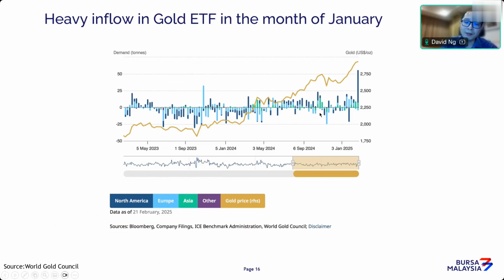But one thing to take note of is that this is quite imbalanced, in the sense that the majority of the ETF inflows are coming from the US side. There are a lot of theories as to why the US suddenly starts to demand a lot of gold, whether on the investment side or the physical side. This has a lot to do with tariffs.